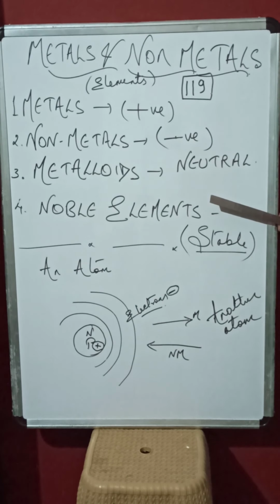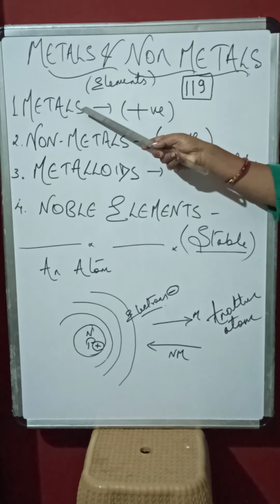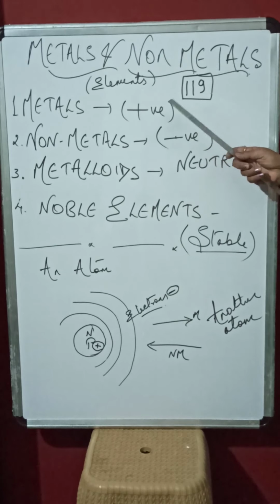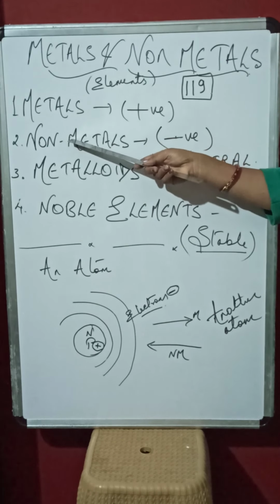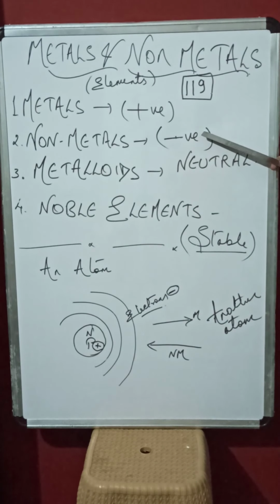So I am giving you again a summary. Any element whose atom is ready to give away electrons and attain a positive charge is known as a metal. Whereas any element whose atom is ready to take electrons and attain a negative charge is known as a non-metal.